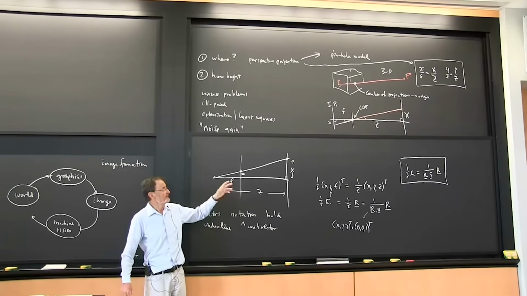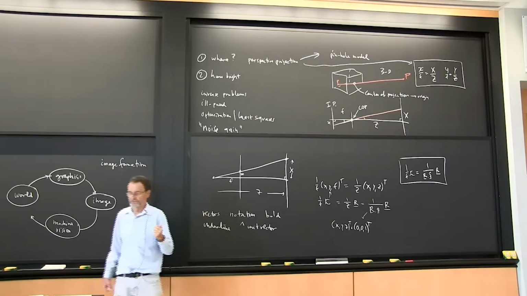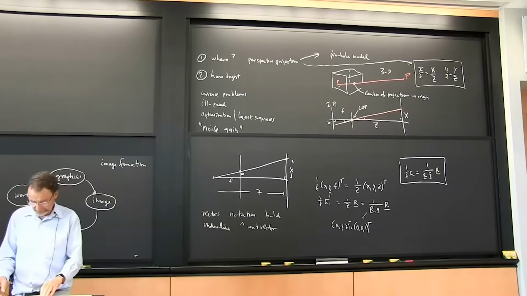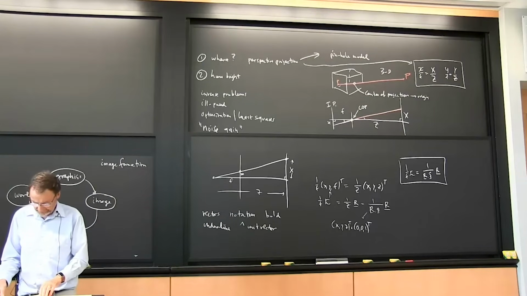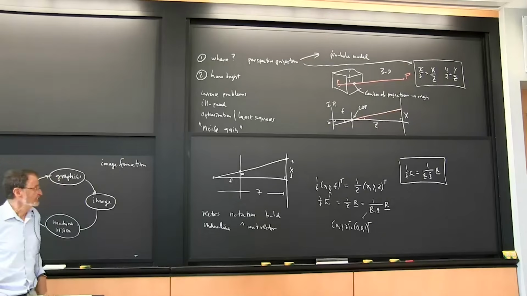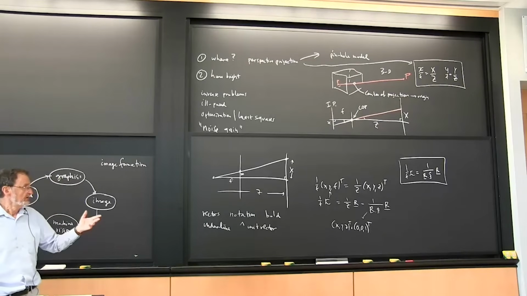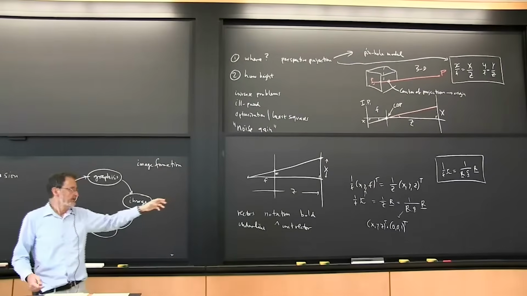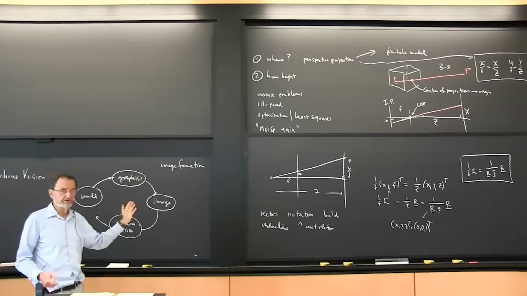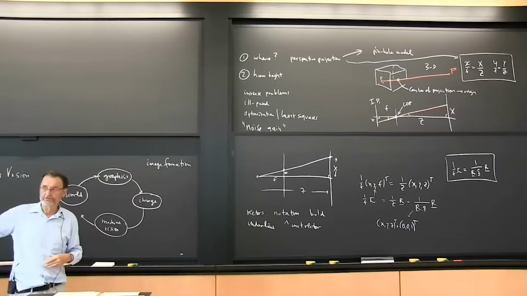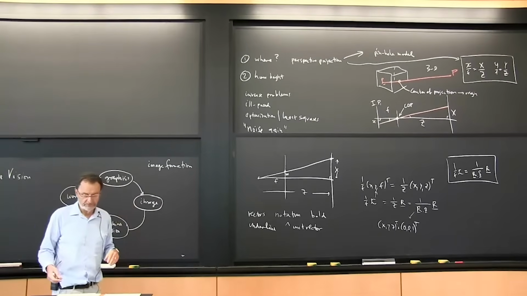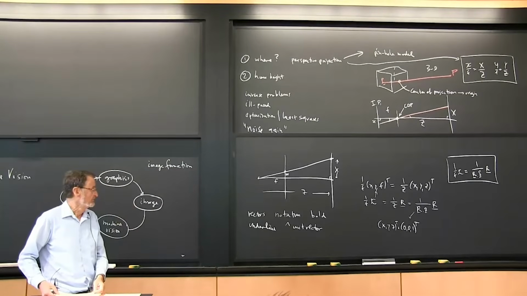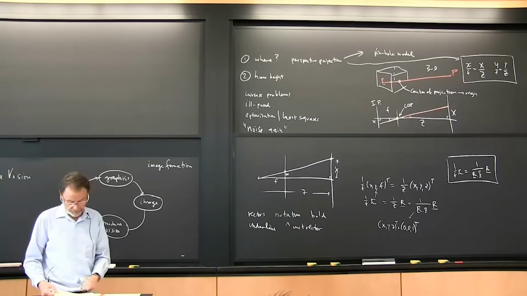If you have to carry around all these individual components all the time, that can get pretty tedious, whereas if you use the vector, it's more interesting. And as I've mentioned, one of the things we're going to do soon is differentiate that with respect to time. And then on the left, we'll have image motion, and on the right, we'll have real-world motion. And the equation we get will give the relationship between the two. Okay.